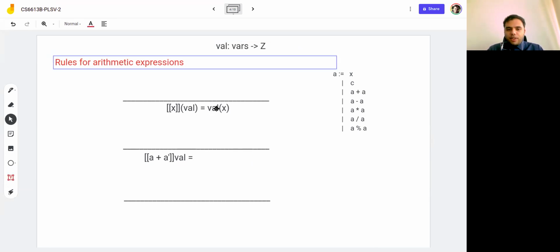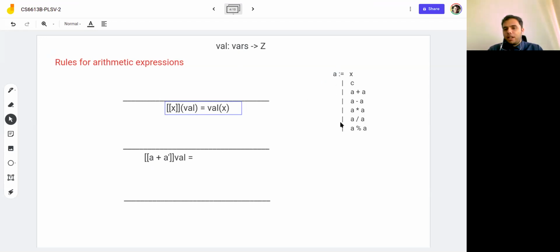So when I write val of x, this makes sense because x is a variable. But I can't write val of a because a is an arbitrary expression and it might not be a variable. Yes, okay. So this last one is actually correct. So we can write it like this.